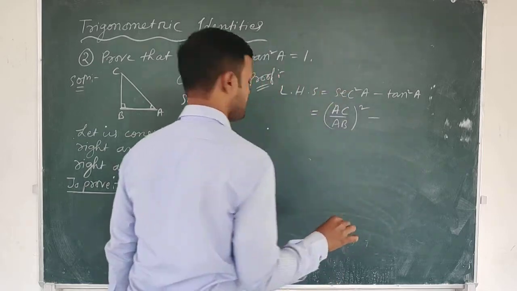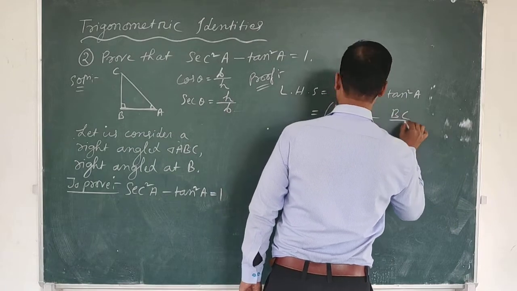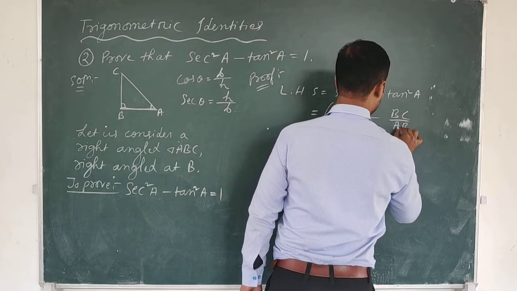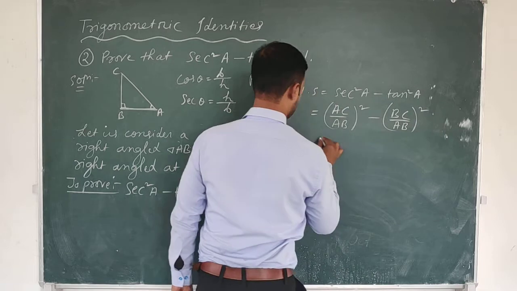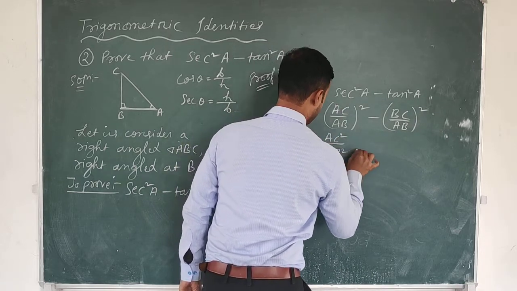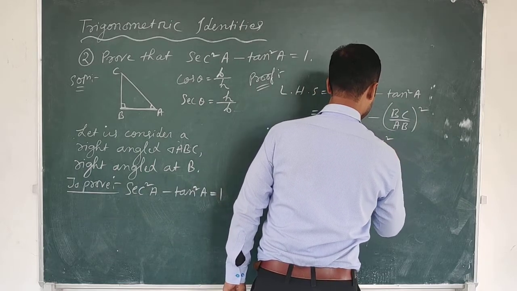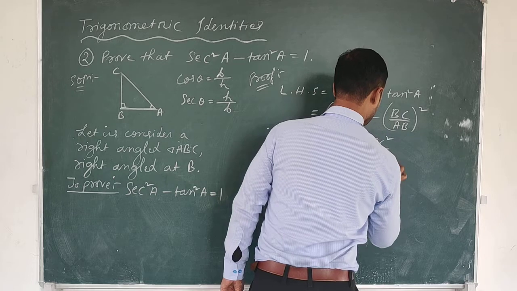And tan is P by Q, perpendicular by base. What is the perpendicular? BC, and the base is AB. So AC square by AB square minus BC square by AB square.